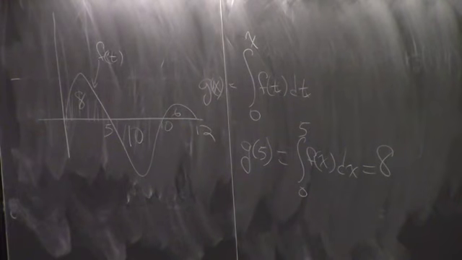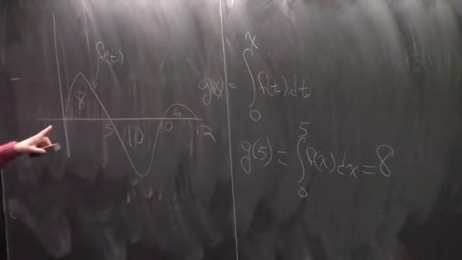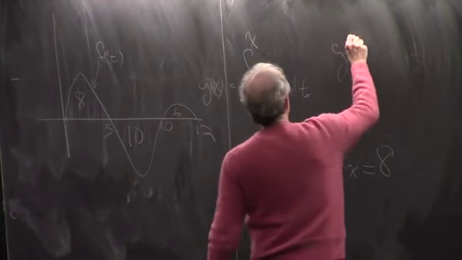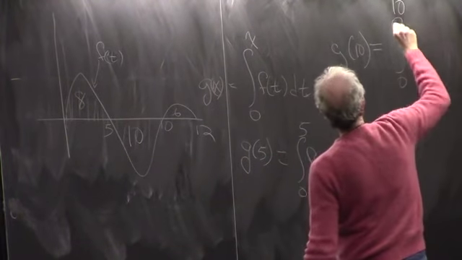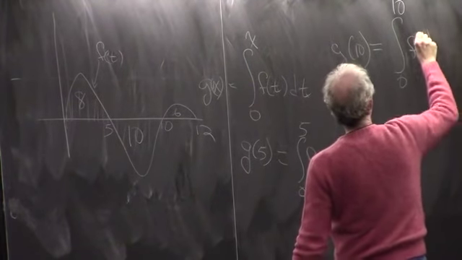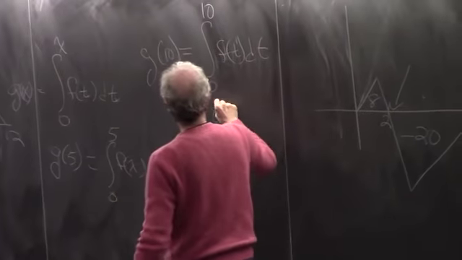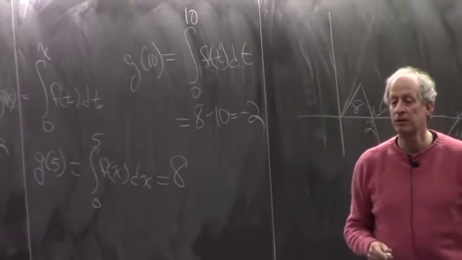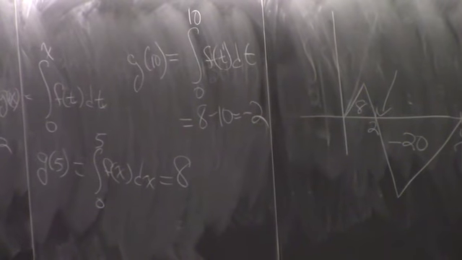Alright, so this g tells us what the area is. So if I wanted to find g of 10, the integral from 0 to 10 of f of t dt, that would be plus 8 minus 10 equals negative 2. Okay?